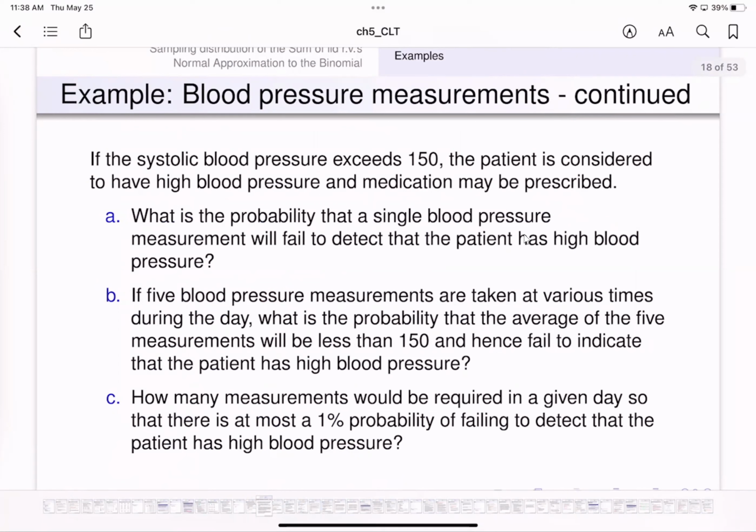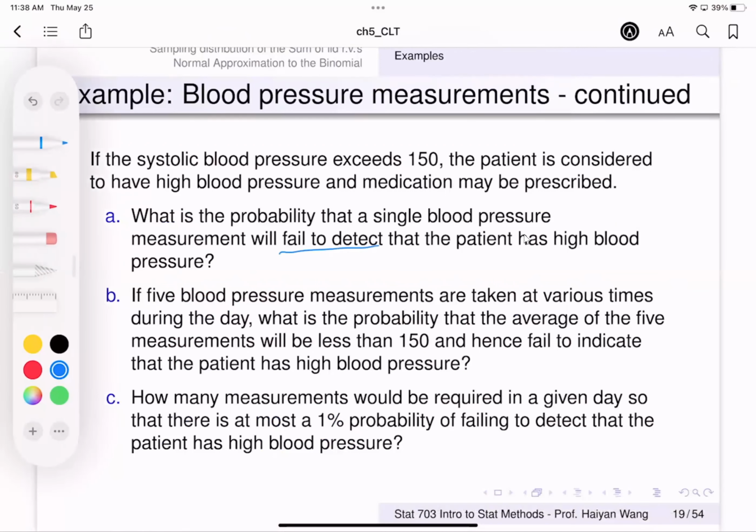For this question, if one measurement is greater than 150, then that's a correct detection, and it will say that this person needs a prescription. So failing to detect would mean that the measurement X is less than 150. Basically, we're trying to find the probability of X less than 150.